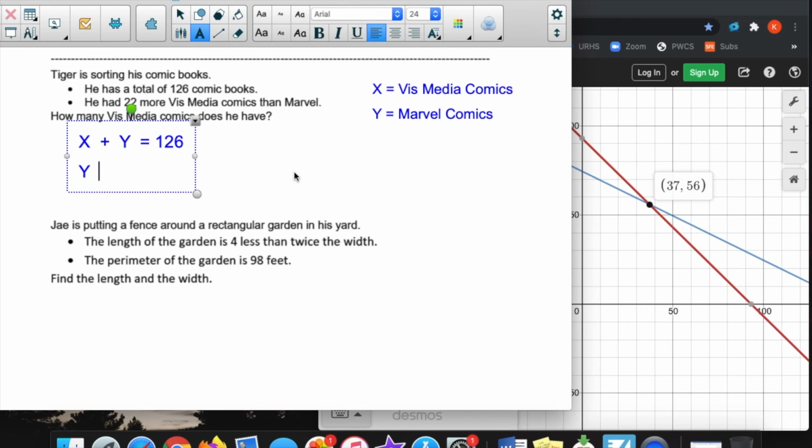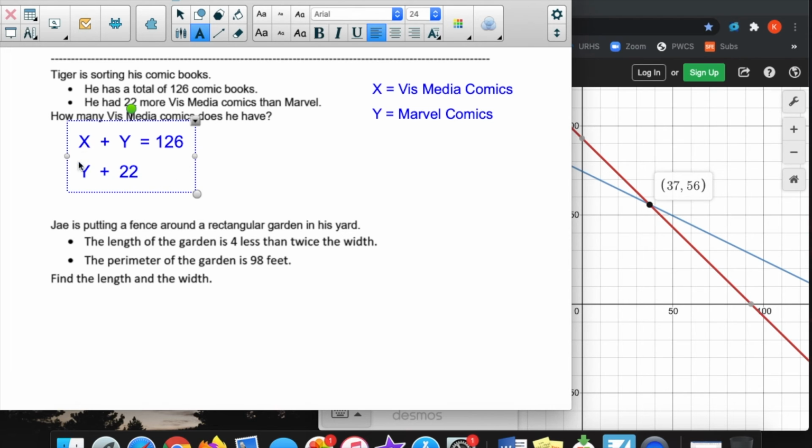If he has 22 more Viz Media comics than Marvel, and I take that amount of Marvel comics and add 22 to it, that gives me the Viz Media amount. Let's just say he has 10 Marvel comics. Then 10 plus 22 means he would have 32 Viz Media comics.